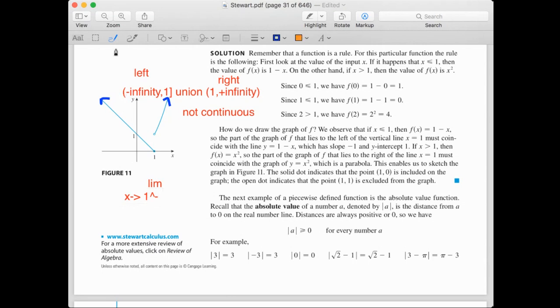Let me write this. This is better to write. So we're using the notation limit. Imagine this is the word limit. Then on the bottom of it, we write x approaches 1 from the left.